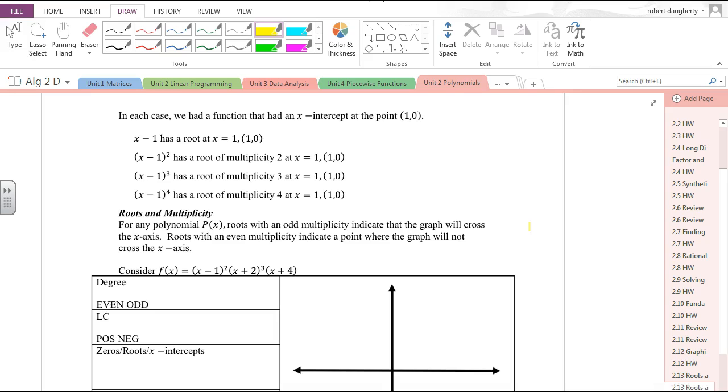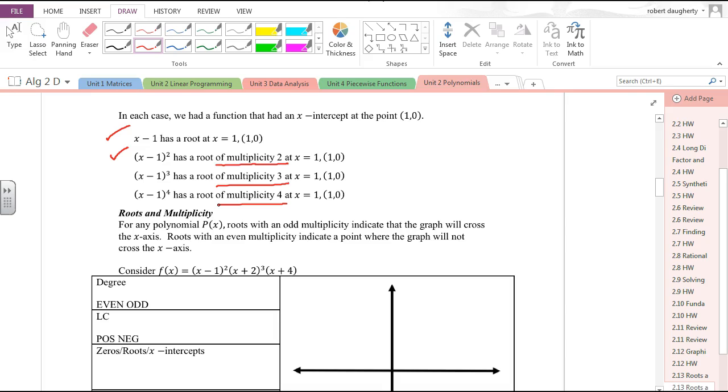That's the basis of what we're going to be doing graphically in this section. We started out with x minus 1, which had a root at x equals 1. X minus 1 squared had the same root, but we'll say it was a root of multiplicity 2. X minus 1 cubed was a root of multiplicity 3. X minus 1 to the 4th, same root, multiplicity 4.